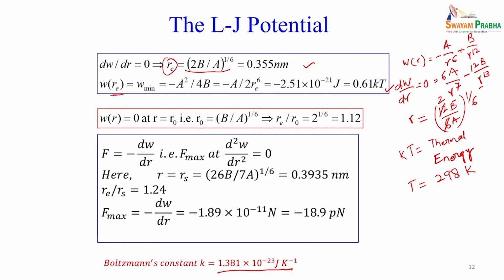So, let us start with the value of F. F is defined as minus dW upon dr. So, F(r) will be 6A upon r to the power 7 minus plus 12B upon r to the power 13. Again you have to calculate dF upon dr, or you can simply say you have to calculate d2W upon dr square, that is equal to 0.